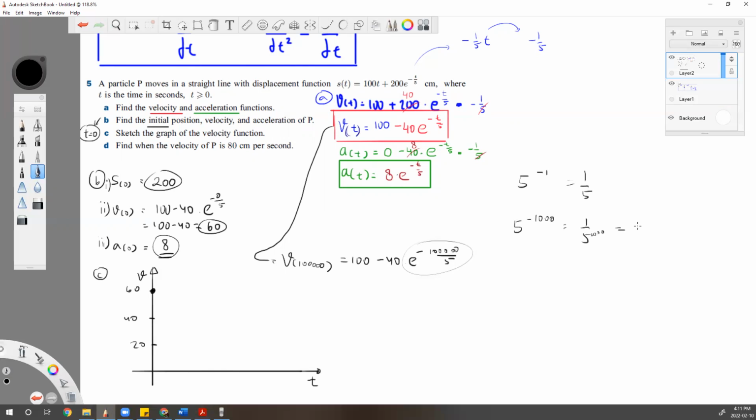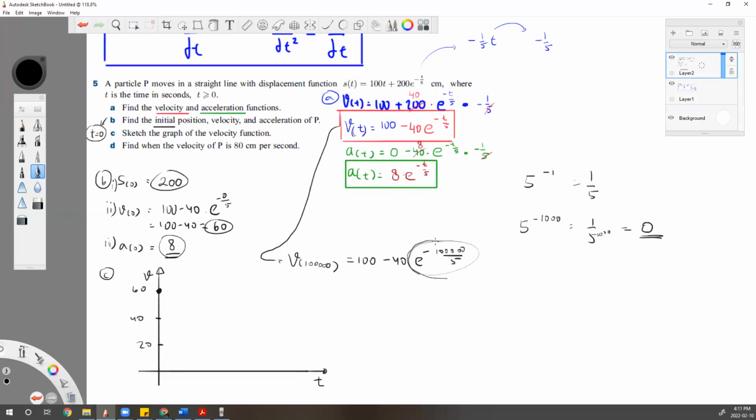This is near to 0. That's the way I think of the astronomical number for t. When t is near infinity, this answer will be near 0, but cannot be 0. That's the rule.